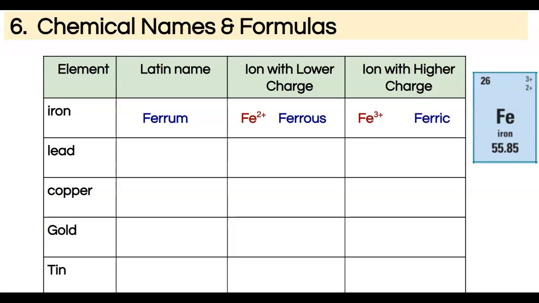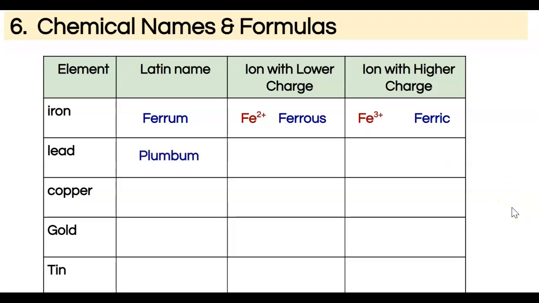And so the same is true as we go down the line for all of these other metal ions. So lead has the symbol Pb, and the reason it's Pb, which doesn't seem to make sense, is because the Latin name for lead is plumbum. Okay? And so when we look at lead on the periodic table, we can see that lead has a 2+ charge and a 4+ charge.